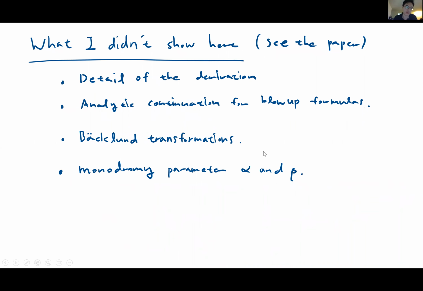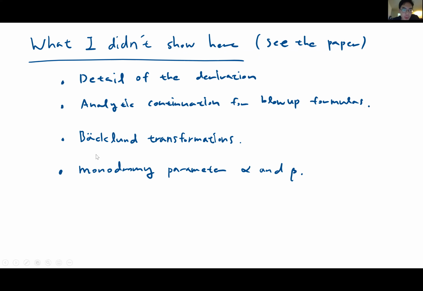All right, I basically told you everything I wanted to tell you, and of course I didn't show many things because of the time. I didn't show the detail of the derivation. That's in the paper, and also analytic continuation for the blow-up formulas is very interesting as a consistency check, and that's also described in the paper.